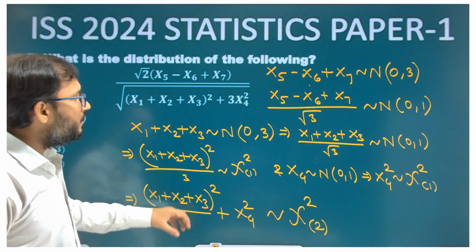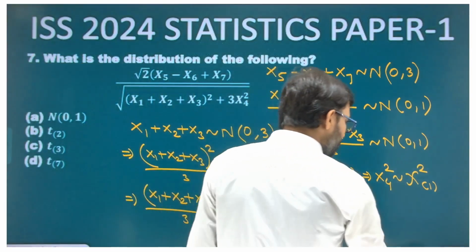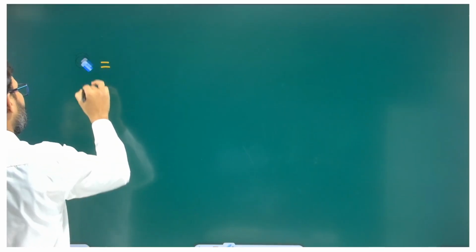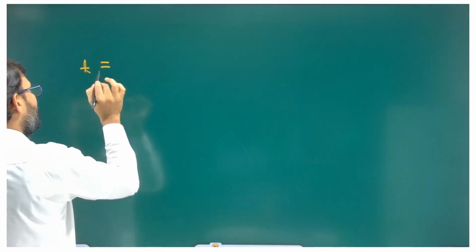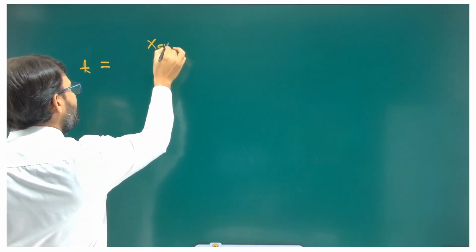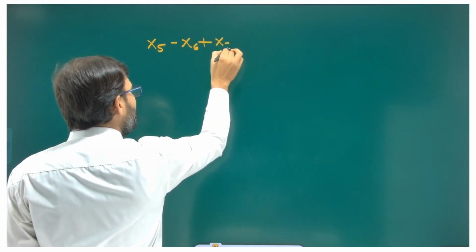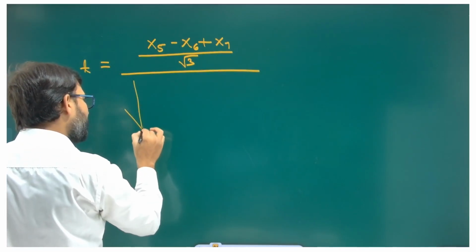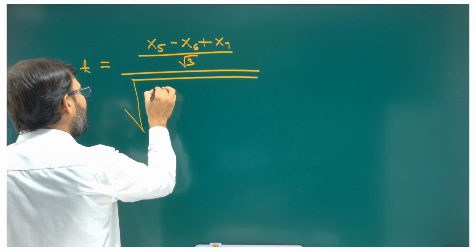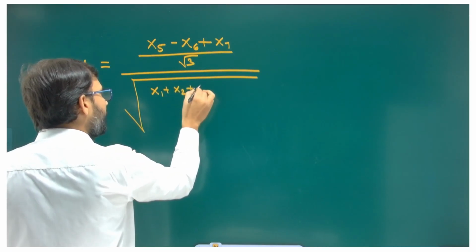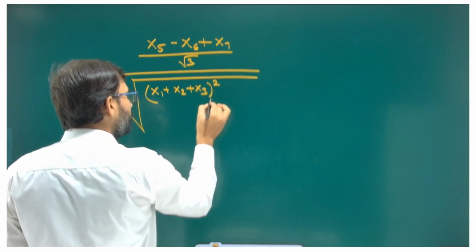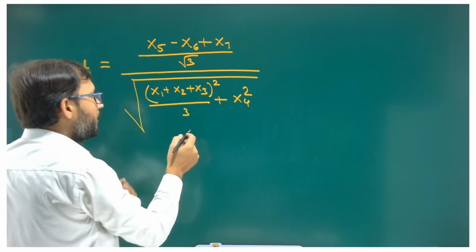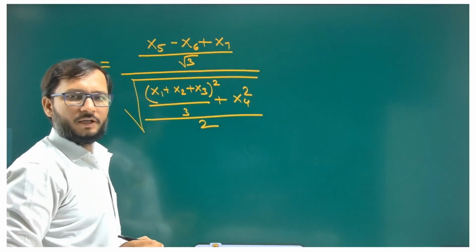Now let me create the t statistic from this. Got the point? If I write a small t, then t will be equal to x5 minus x6 plus x7 divided by root 3 in the numerator, and in the denominator, independence is already discussed, there should be (x1 plus x2 plus x3) whole square upon 3 plus x4 square, but divided by their degrees of freedom, that is 2.